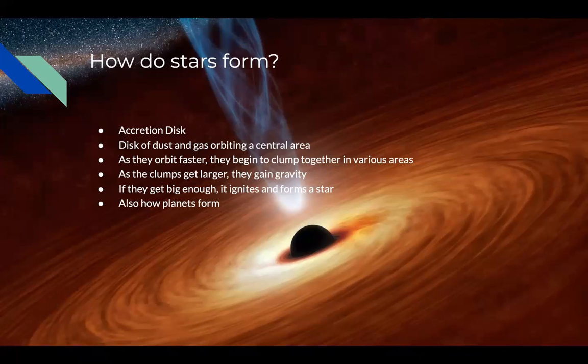It's a law of nature. So the more mass you have, the greater your gravity is, to put it simply. And if those clumps get big enough, they ignite, because the gravity forces the atoms to start fusing together, and that's how a star is born. This is also how planets form, just minus the whole igniting part.